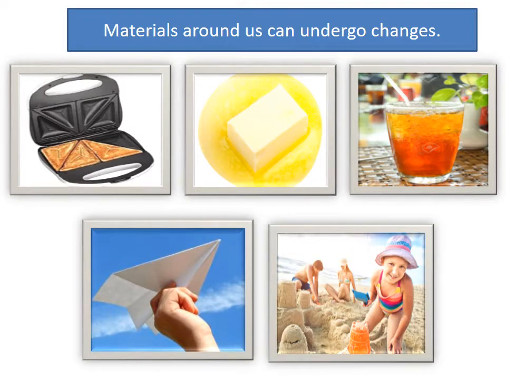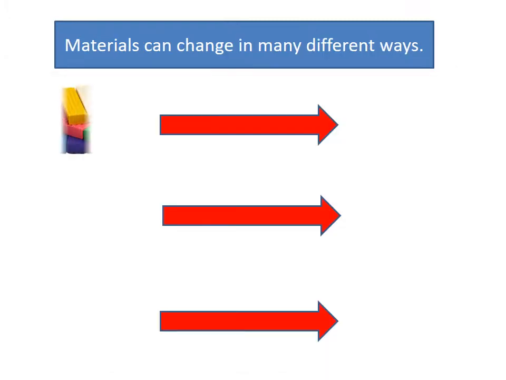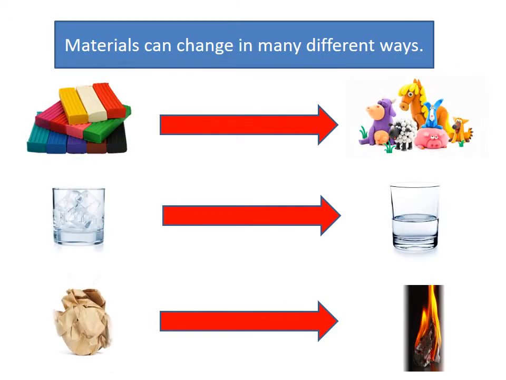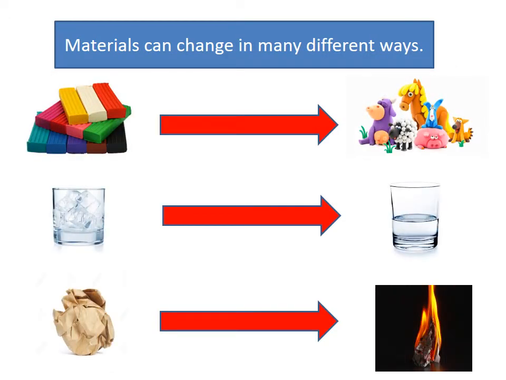Paper can be folded into a paper aeroplane. Sand can be made into a sand castle. Materials can change in many different ways. They can change in shape. Modeling clay can be molded into many different shapes. They can remain the same material but change from one form into another that looks quite different.